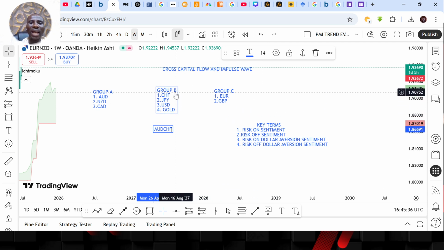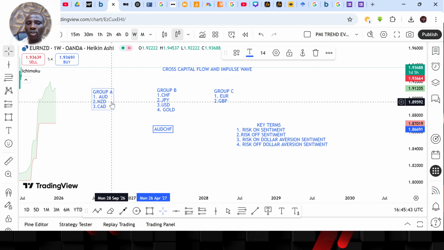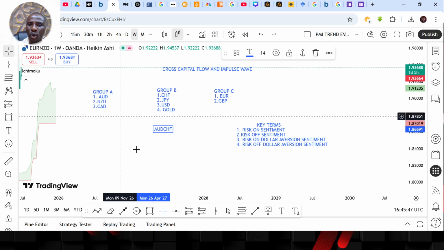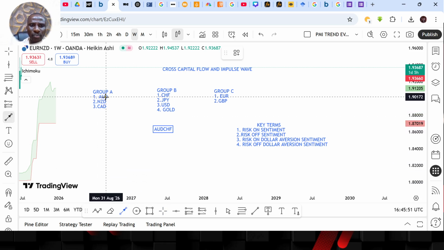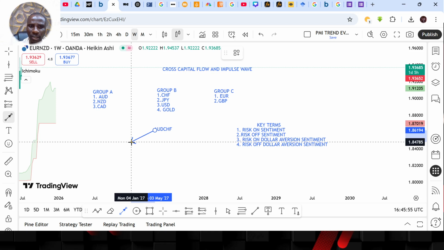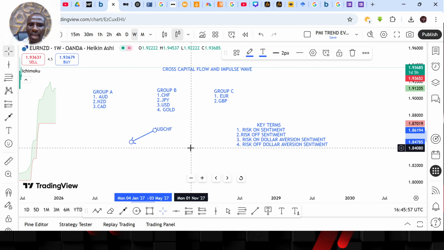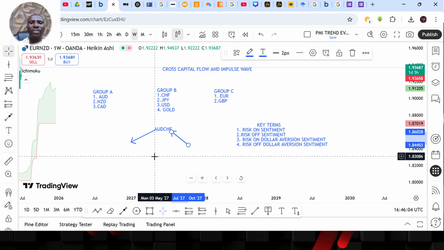The implication of that is, suppose there is a risk off, suppose there is panic in the global financial market, capital will be flowing away from AUD, while capital will be flowing towards CHF as a safe haven.